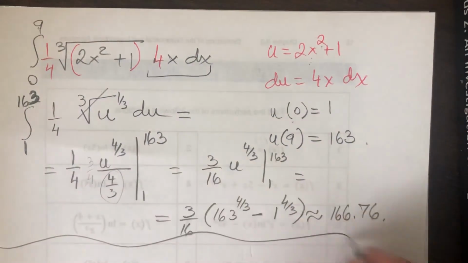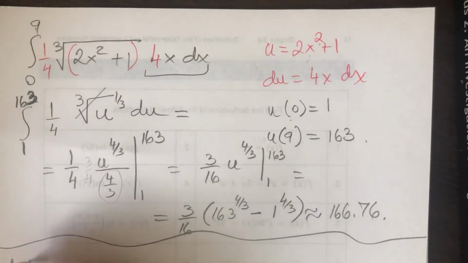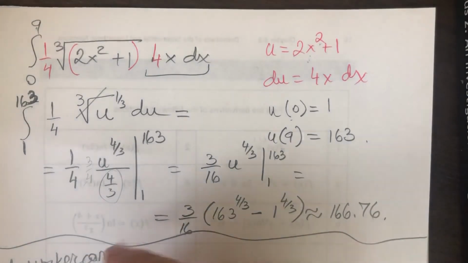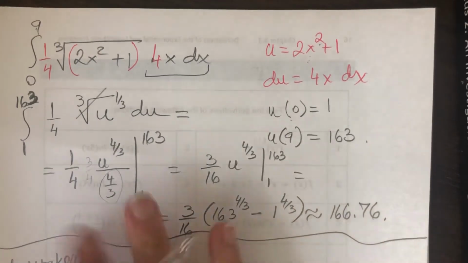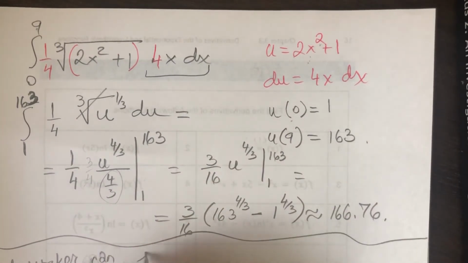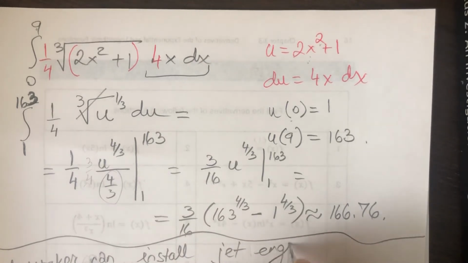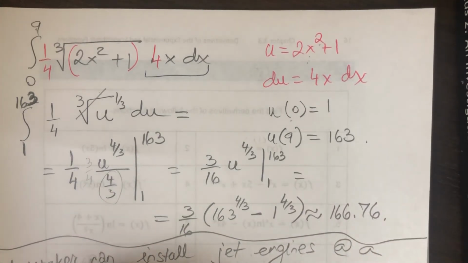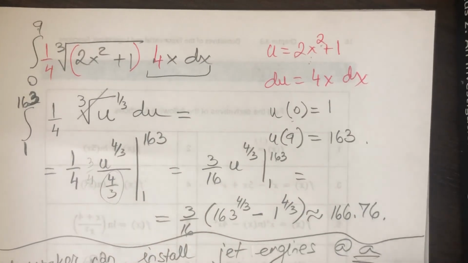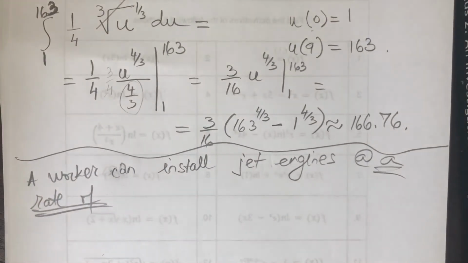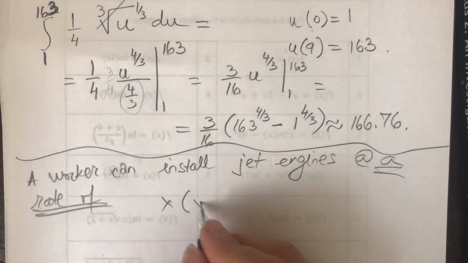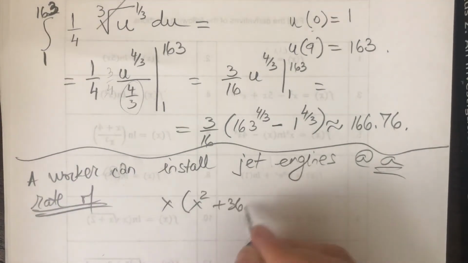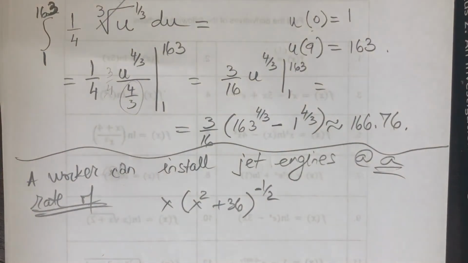Okay. And let's just do one more. And here's a story. It says a worker can do something at a rate of. So how about we make him install jet engines at a rate of, and remember what a rate of will mean, at a rate of, here it is, x times x squared plus 36 to the negative 1/2.